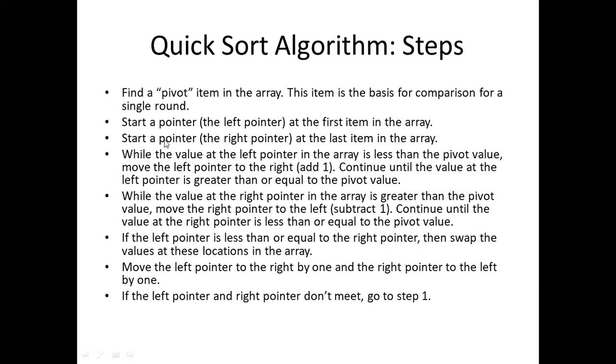Start the right pointer at the last item in the array. While the value at the left pointer in the array is less than the pivot value, move the left pointer to the right. The movement means to point to the next element.